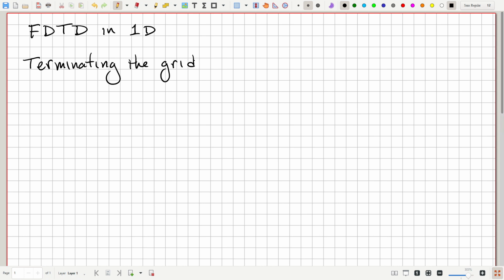So let's sketch out what we got going on here. Okay, here is the spatial dimension, and here's the time dimension. And we have uniformly sampled points in X, like so, and likewise in time.